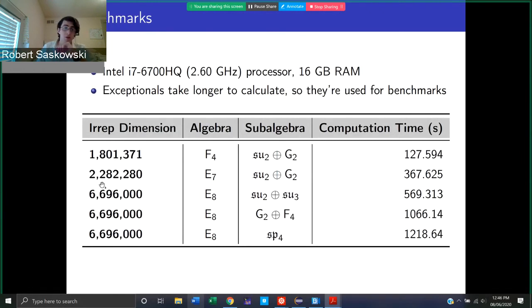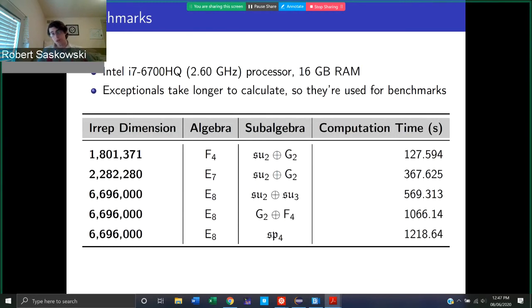And similarly, we can look at the 6,696,000 of E8 branching to various subalgebras. I think the computation times are fairly decent, especially considering how large this irreducible representation is, and that E8 is a fairly high-ranked group. And at worst, it's only a bit over 20 minutes. Surprisingly, SP4 is the one you would think would be easiest to calculate the branching rules for, but it seems to take the longest. But overall, these computation times are all fairly good.